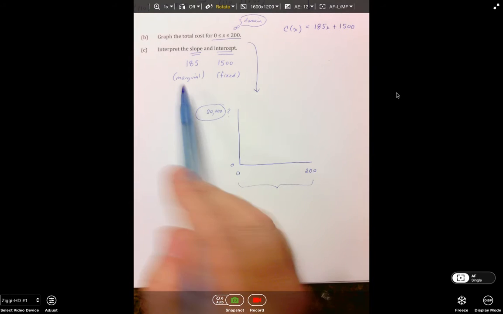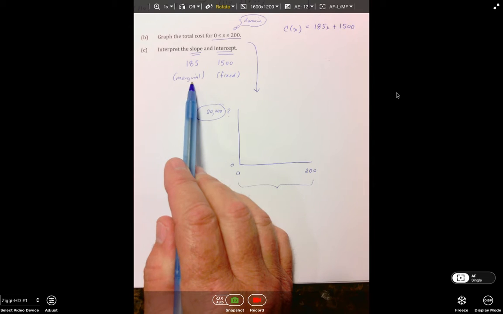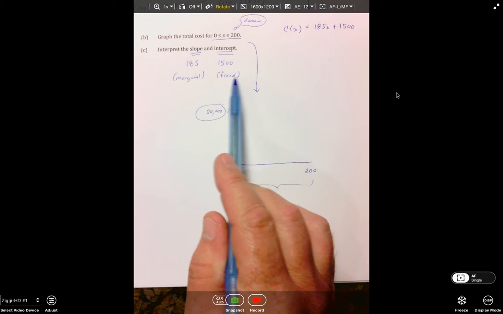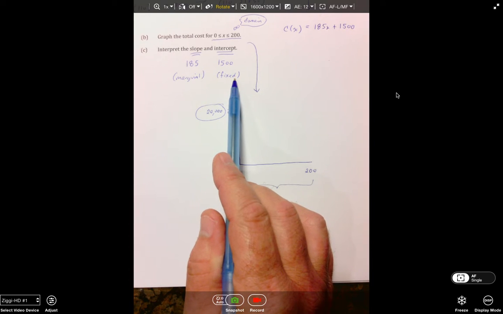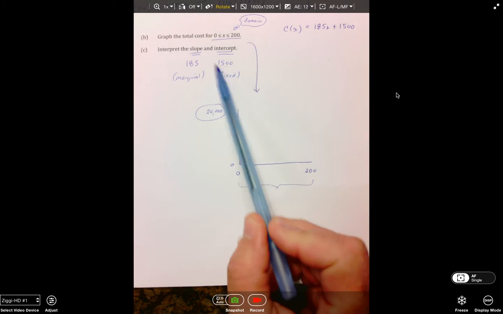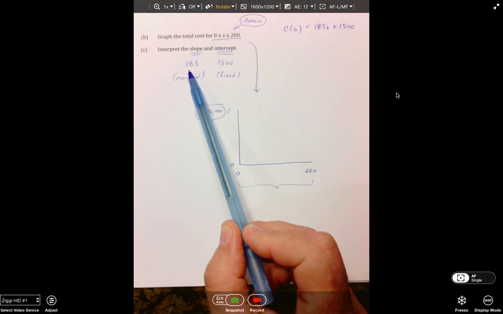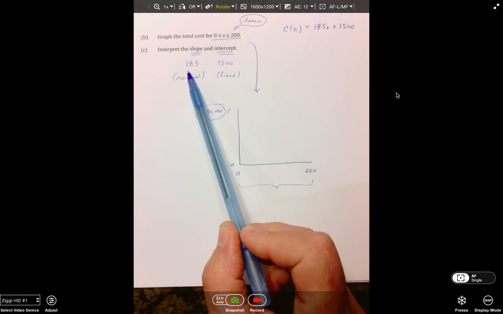Marginal cost is the cost for one additional unit, and the fixed cost is the cost when 0 units are produced. Okay? So for this golf club manufacturing plant, it costs them $1,500 to open the doors every morning. Every time they create a driver, golf club, it costs them $185.